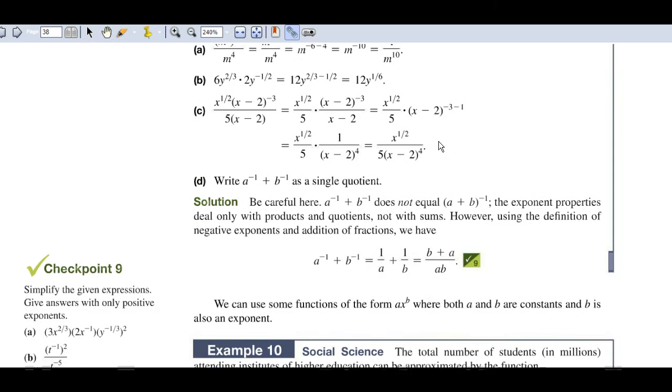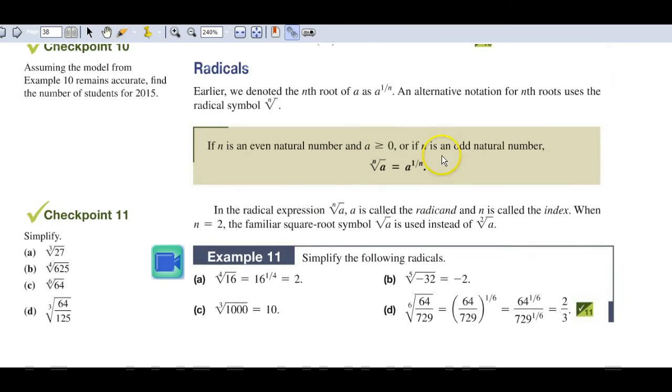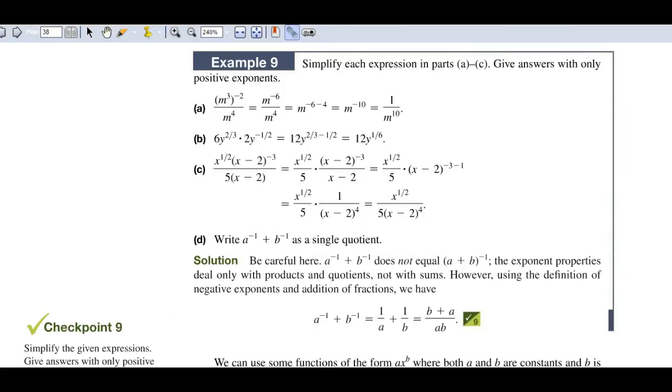And let's see what we're doing here. All right, this looks like it's a little long, but these, I think, are pretty clear. Again, we're not going to try to do every single one, but I think a to the negative 1 here at the end. Keep in mind this is just another way of writing 1 over a plus 1 over b.